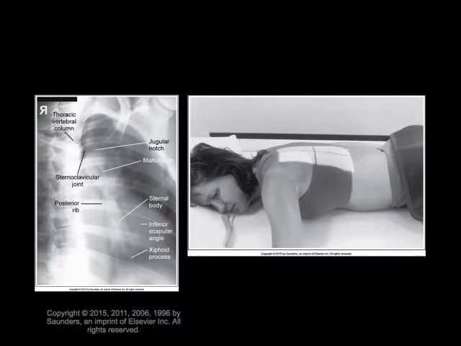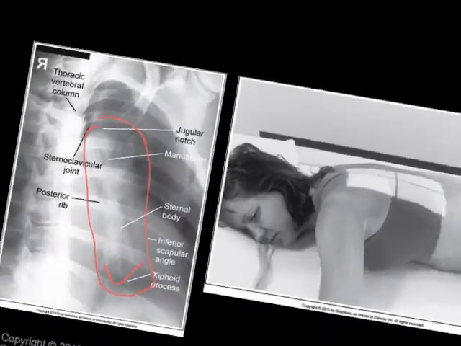All right, let's just describe again what we see, and if you need to, you can turn to page 458, 459 in our textbook. What we're talking about here, whatever this position is, it has projected the sternum free of the vertebral column, and it's also in no way being overshadowed by the heart. We're able to clearly see the entire sternum. And so each one of those things is pointed out in this image over here.